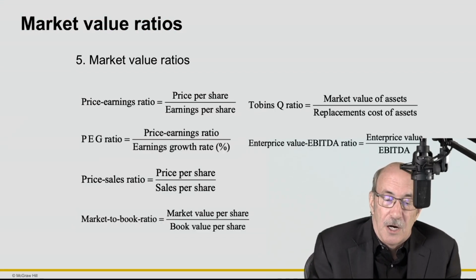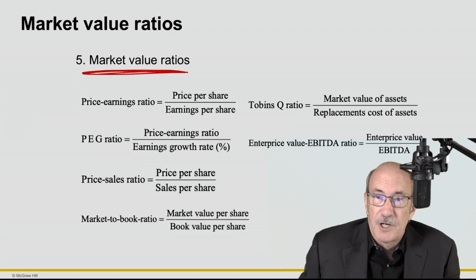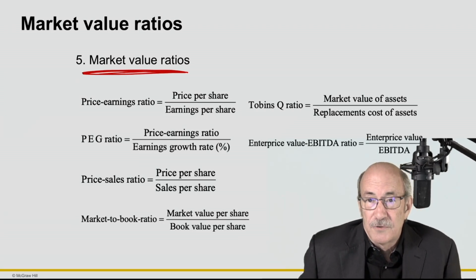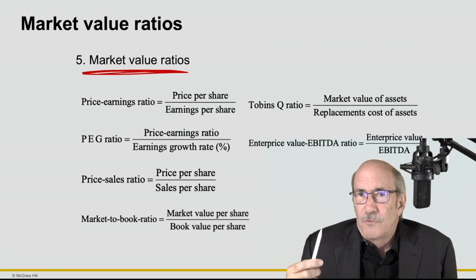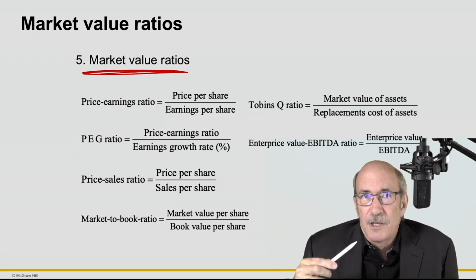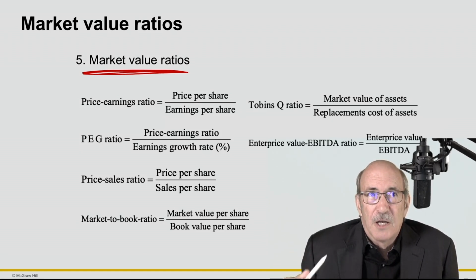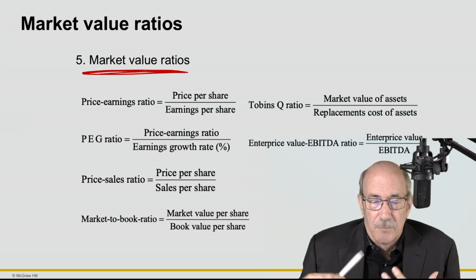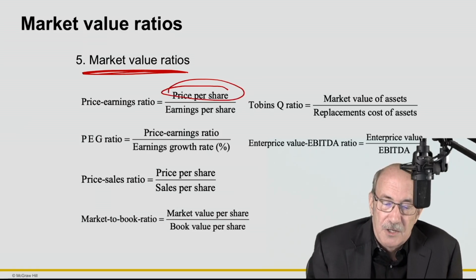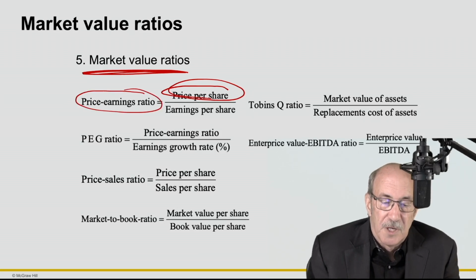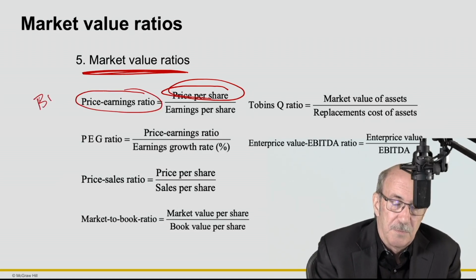Now this is our last category of ratios, market value ratios. So in all of these, one or both of the parts of the ratio come out of the marketplace. So it might be price per share, as in this PE ratio. So this would be usually referred to as PE ratio.